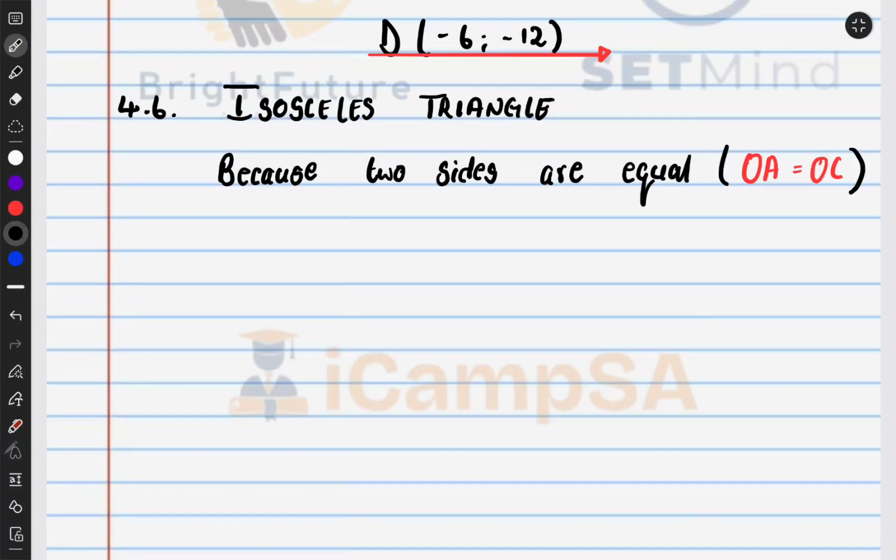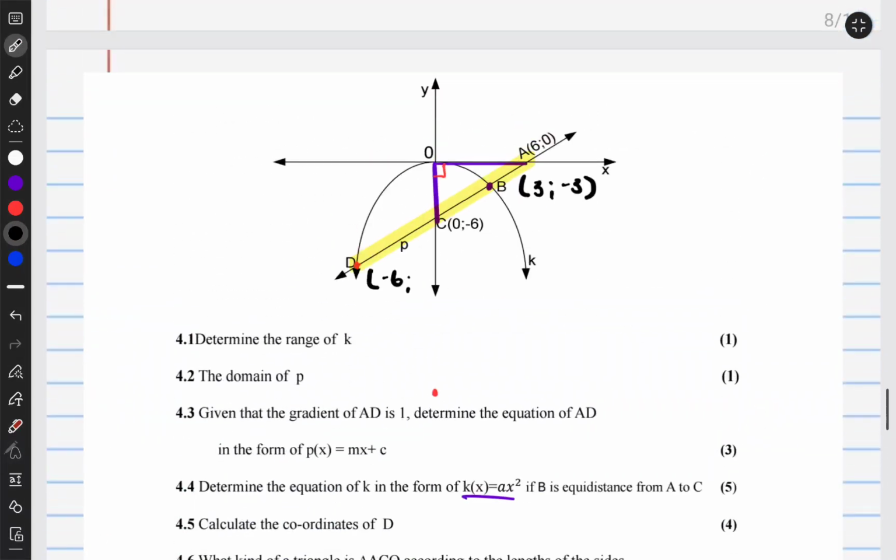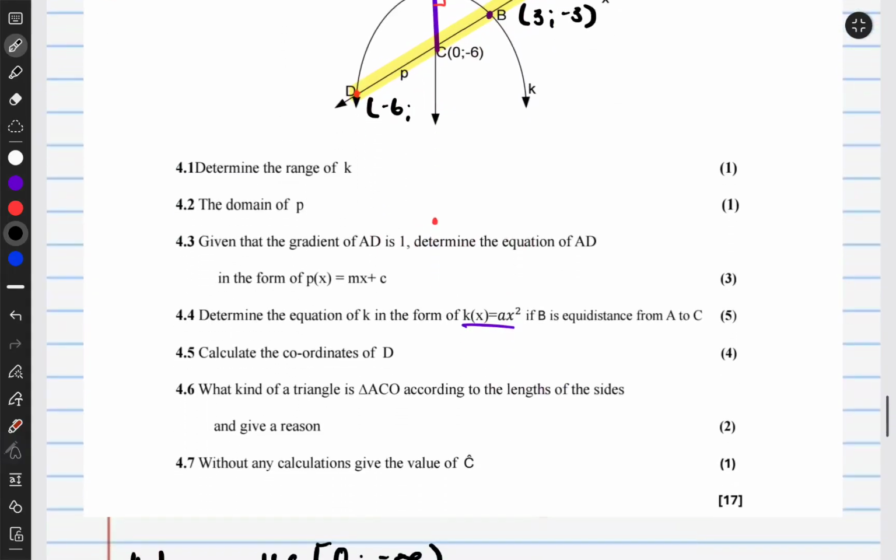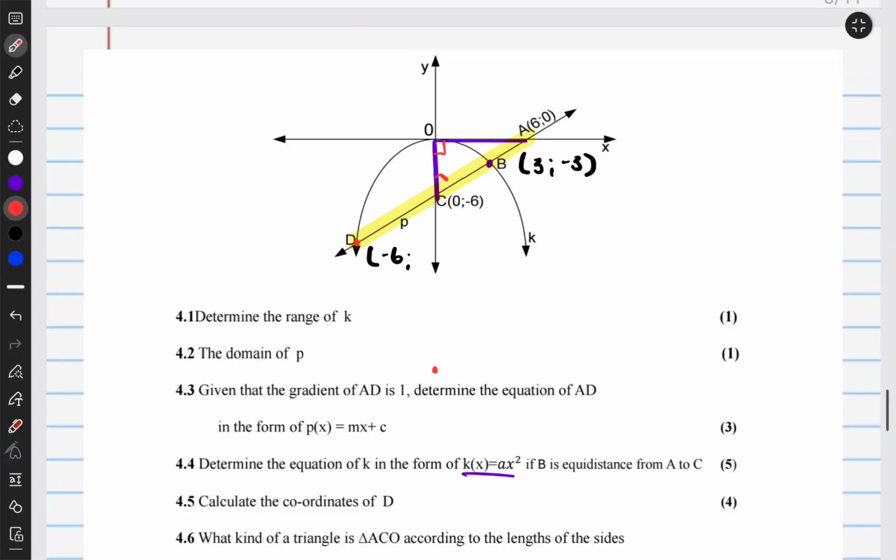And then next, without any calculation, give the value of angle C, this angle here. We've already identified that this is an isosceles triangle. We know that the angles opposite equal sides are equal. So angle C and angle A will be equal since they're opposite equal sides. And the angle between the x-axis and the y-axis, angle O, is 90 degrees.